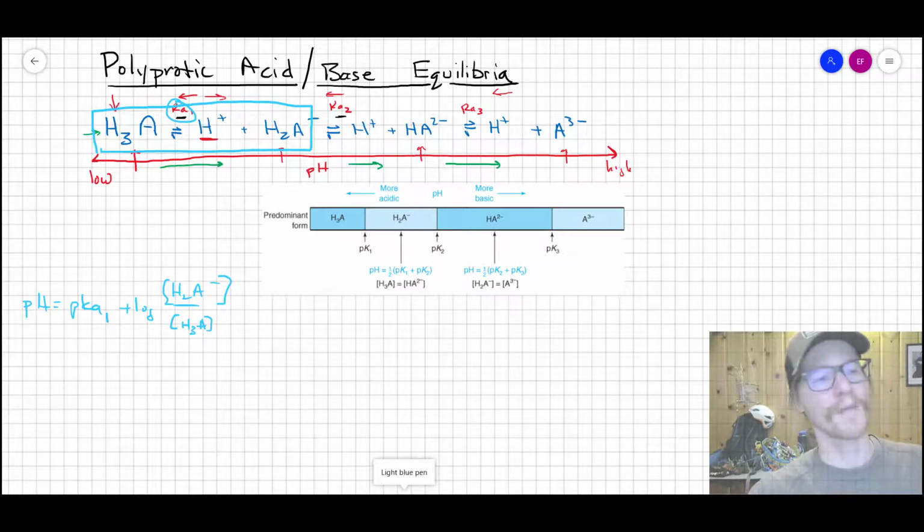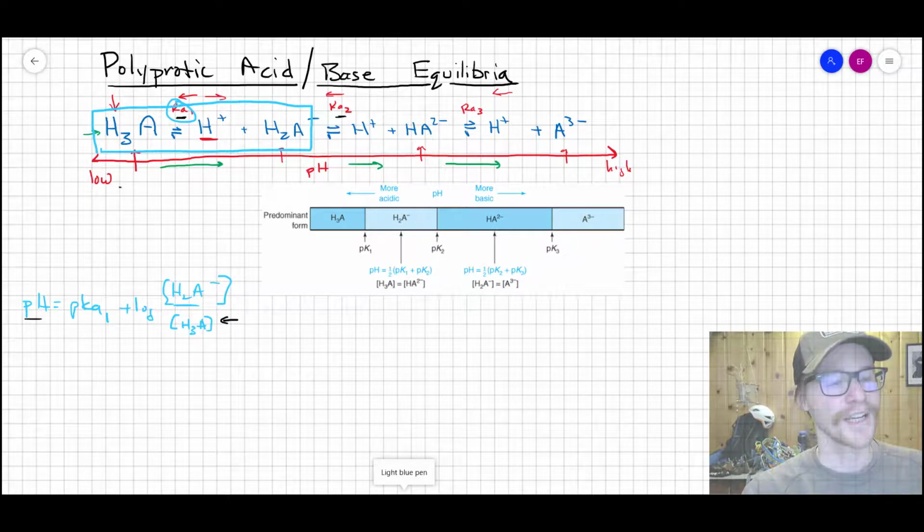And if we're thinking about what is the dominant form of these things, we'll say that it's mostly in the form of H3A when the pH is low, but as the pH increases, at some point pH is equal to pKa1, at which point we have equal amounts of H2A and H3A. That's what this plot is showing here. So it's showing the predominant form as a function of the pH.